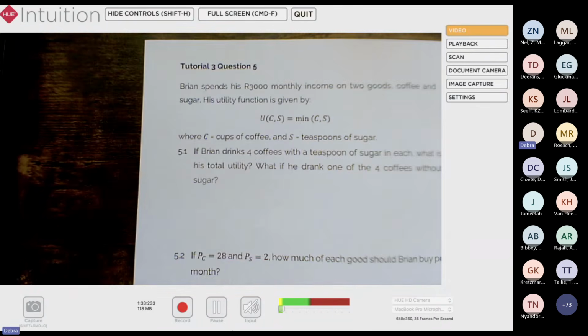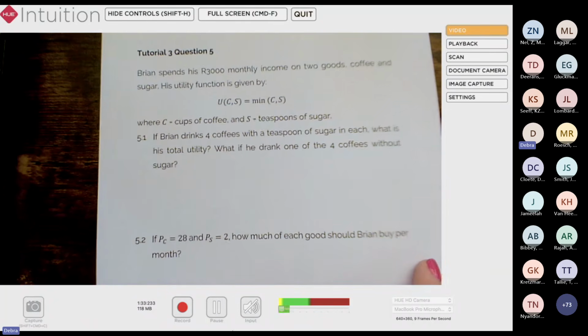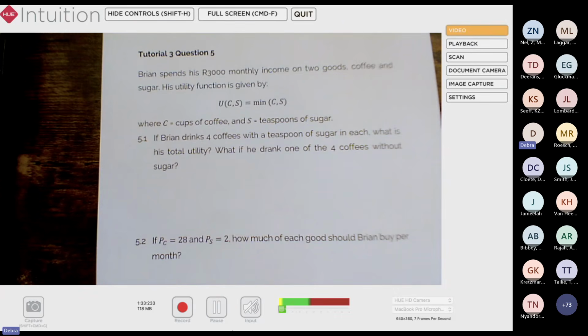Mr. Chani, would you say the TUTs are very similar to the A1 or slightly more complex questions? I would say that the quality of the A1 questions and the TUT questions are very similar. The only thing that is quite different in the A1 is the appearance of MCQs. So the MCQs is where you have to think a little bit deeper about your theory.